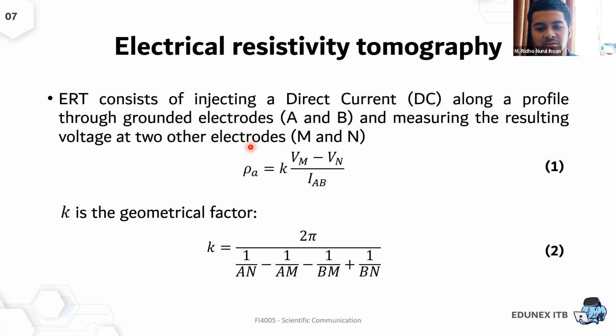The apparent resistivity is determined by this equation, where I_AB is the current injected between electrodes A and B, V_M and V_N are the potentials measured at electrodes M and N respectively, and K is the geometric factor. It is determined by this equation.